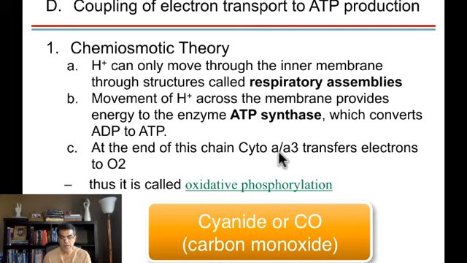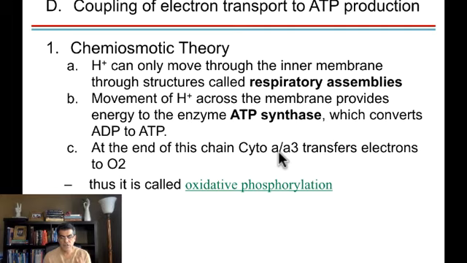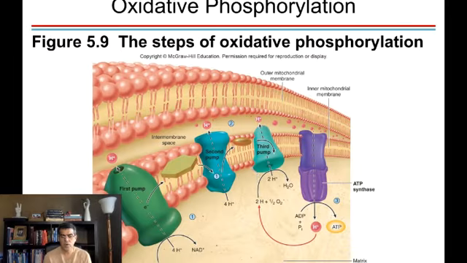Now, think about it. If you block this electron transport chain because of lack of oxygen or because you poison any of those, cytochrome AA3 let's say, what is the end result? Well, if this transport of electrons fails, then nothing is going to go through. That means you're not going to create any ATP.